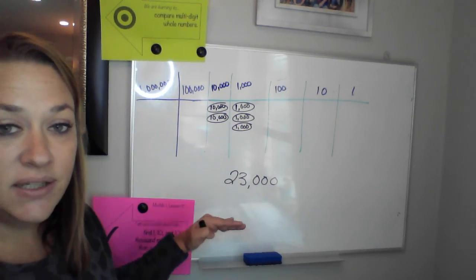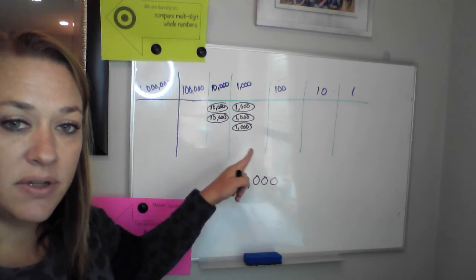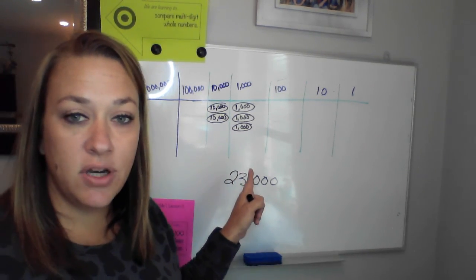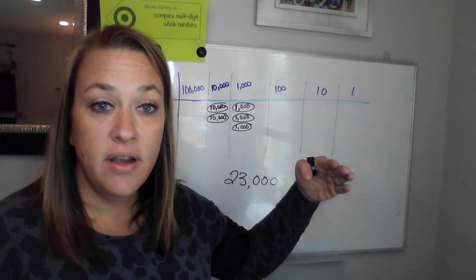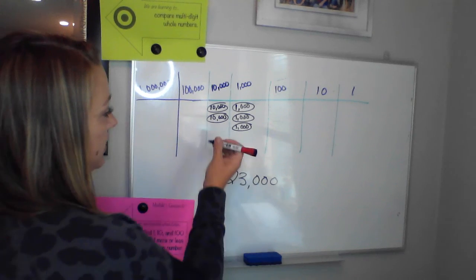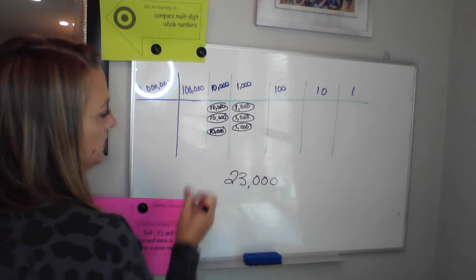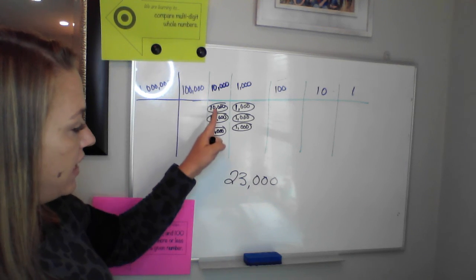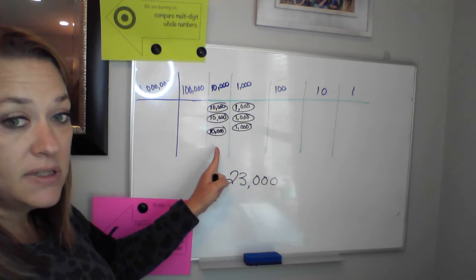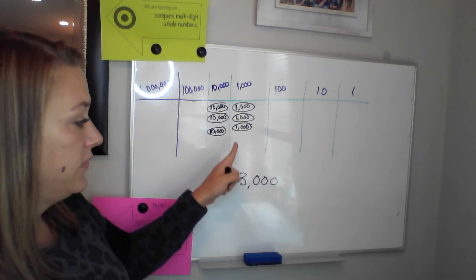So now I would like to know, what is 10,000 more? So just like we did with our thousands, if I want to know 10,000 more, then I'm going to add another 10,000. So it would look like this. So now I can say I have 3 10,000s, which would be 30,000 and 3,000.